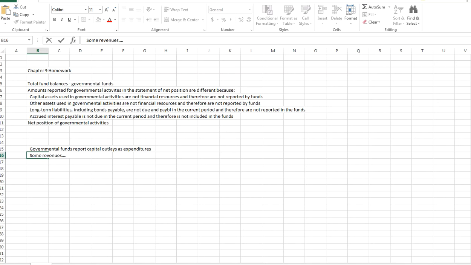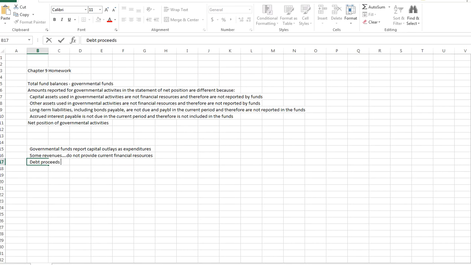In the statement of activities, do not provide current financial resources. You'll see that up in your information as well. And then you've got debt proceeds. Gotta find it.